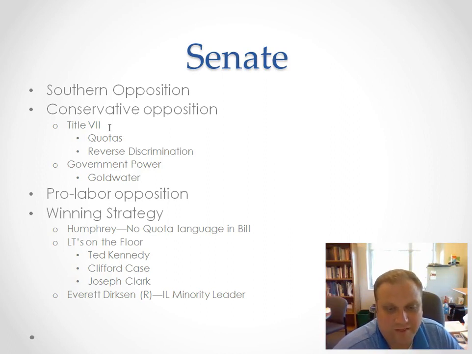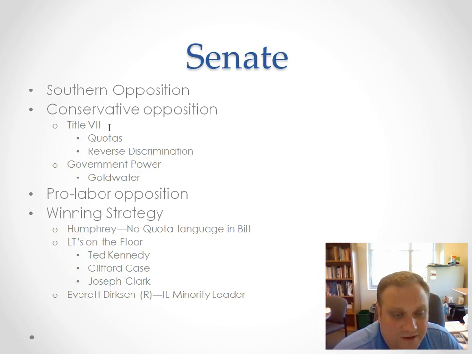Vice President Humphrey took over on the floor during this process, and first he assembled an anti-filibuster coalition. He understood that senators could speak twice in a day, and that in order to engage in a filibuster, what they would do is talk until people left the Senate chamber, and then see if there's no quorum, the Senate must be dismissed.